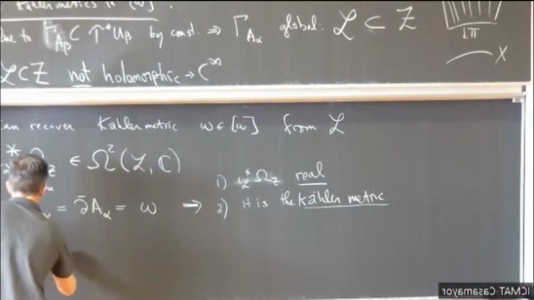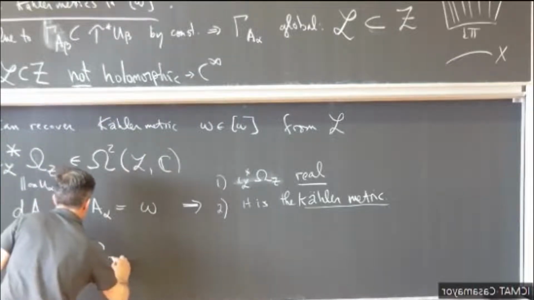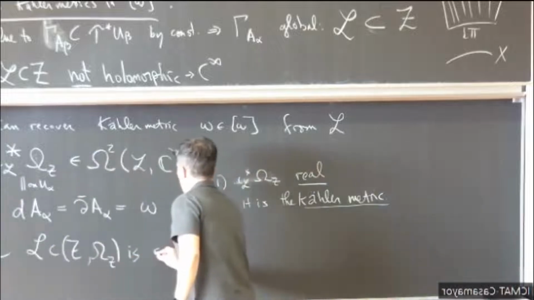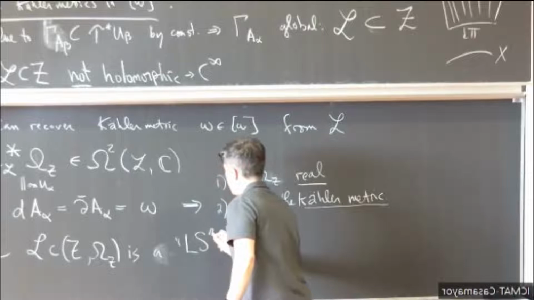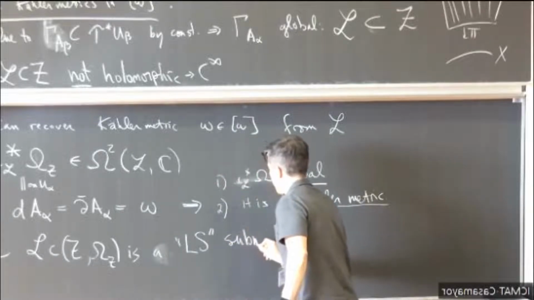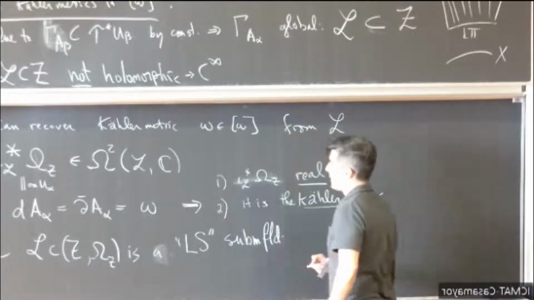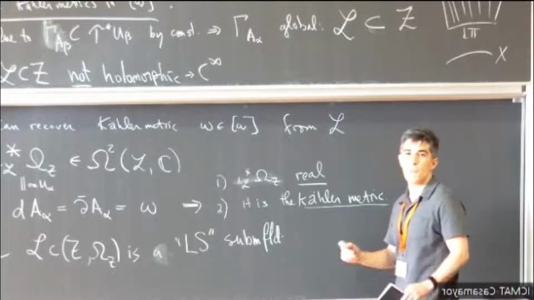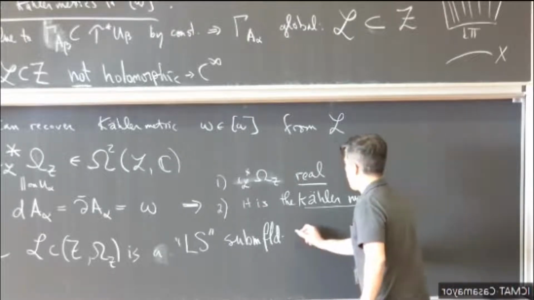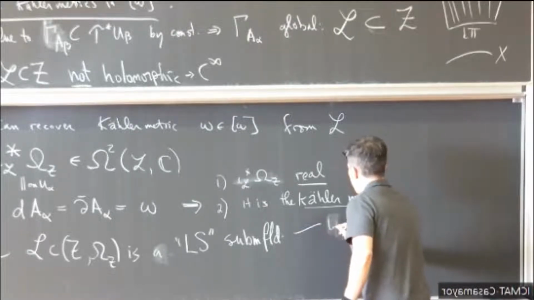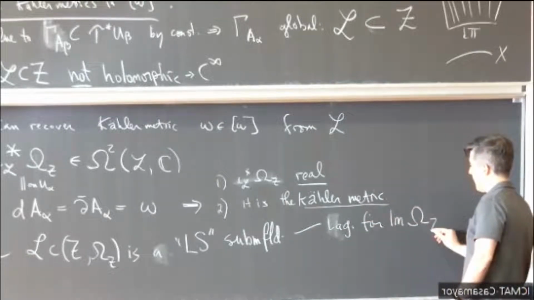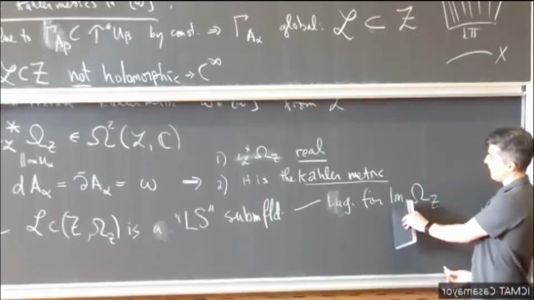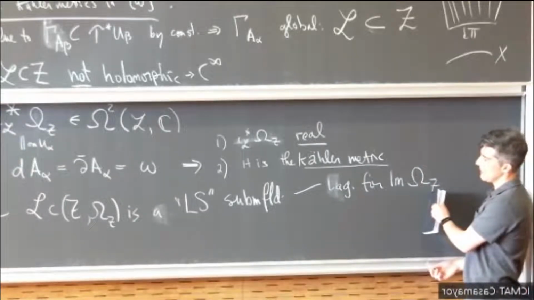is that L inside Z omega Z is what Donaldson called an LS submanifold. Not a very elegant term, but it means Lagrangian symplectic, because it is Lagrangian for the imaginary part of omega Z, which itself is a real symplectic form.